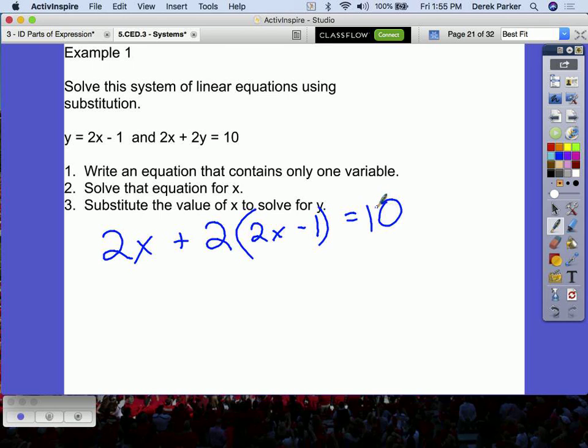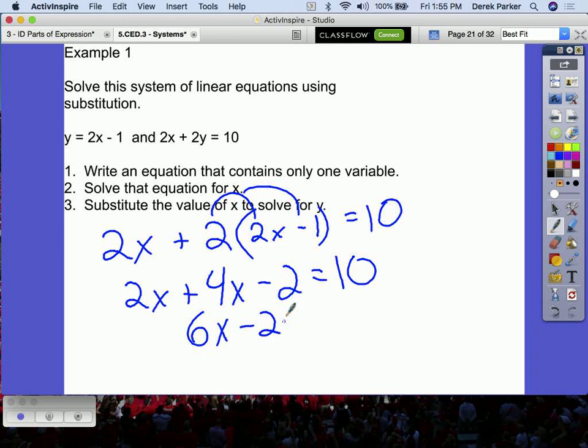Now, once I do that, I distribute the coefficient to the parentheses, and then I rewrite 2x plus 4x minus 2 equals 10. I now combine like terms. My two like terms are 2x and 4x, and I get 6x minus 2 equals 10. And now I solve the two-step equation.